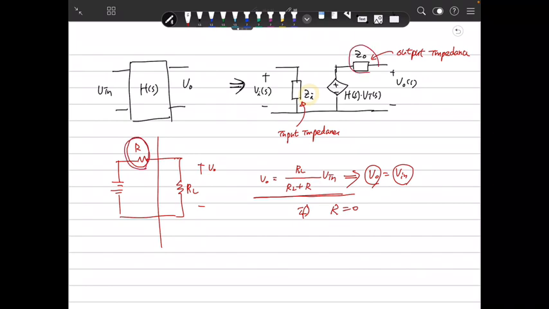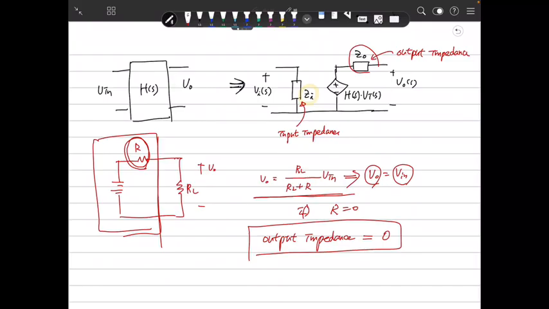This R is the output impedance of this system. So to ignore the loading effect, the output impedance should be 0.